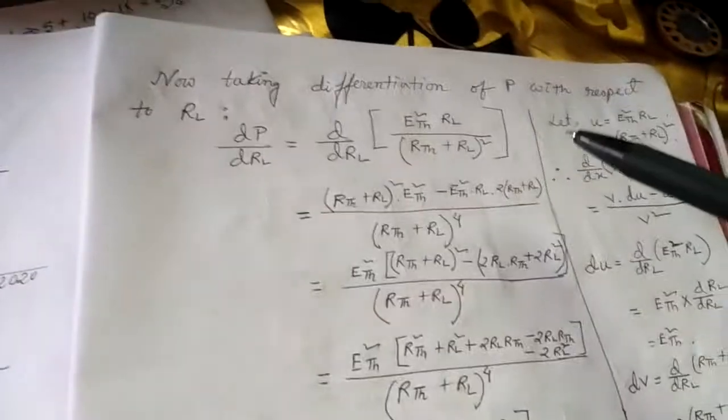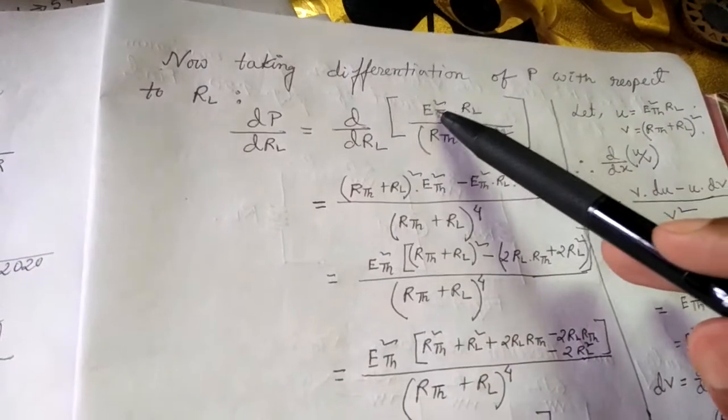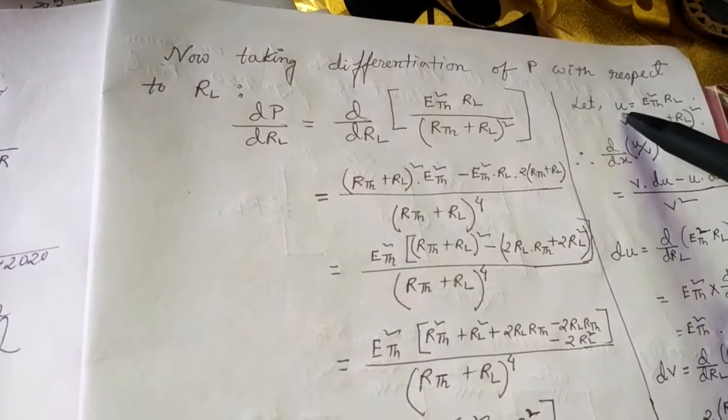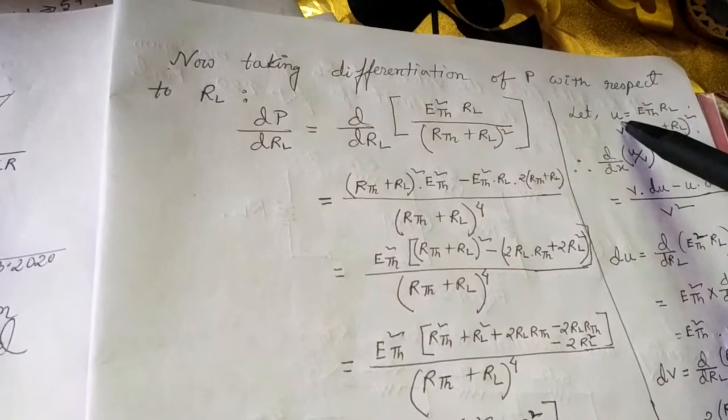So now for E Thevenin square RL, we denote it as U for simplification.